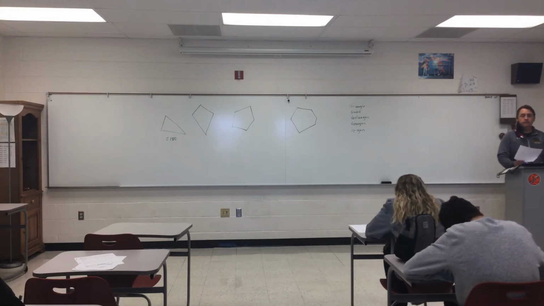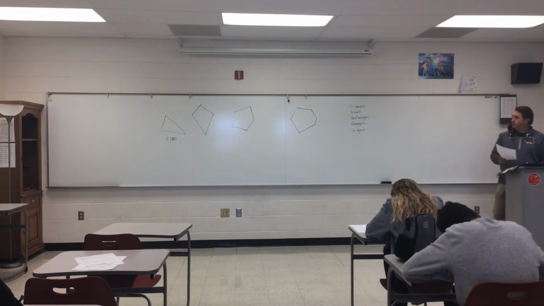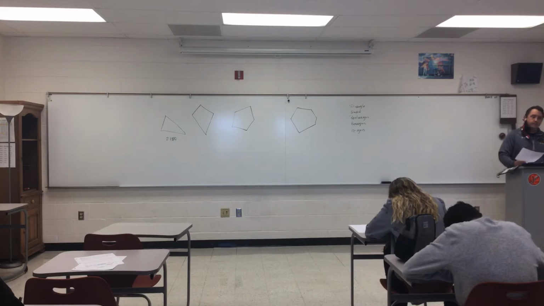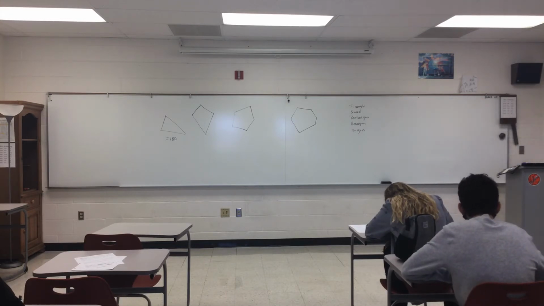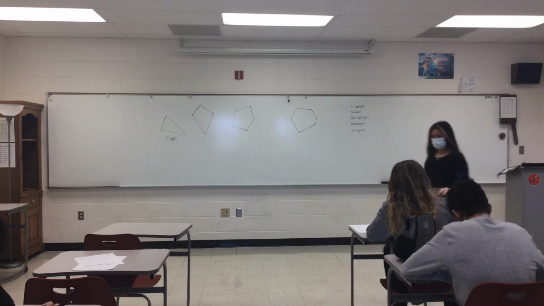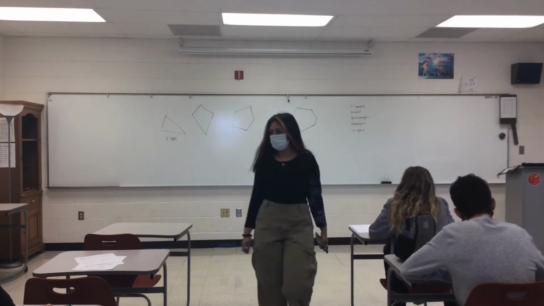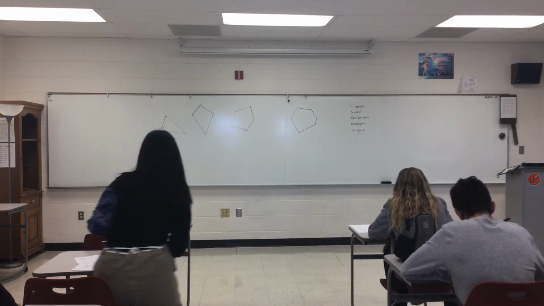Remember, 12 is dodecagon, but 10 is decagon, just like a decade's 10 years. Decagon is 10 sides, and then 12 is dodecagon. Decagon with a do in front of it. Now the last one for the n-gon, you just put n dash gon.